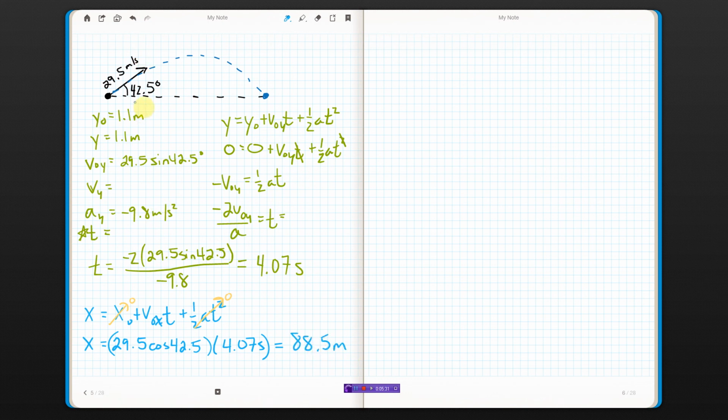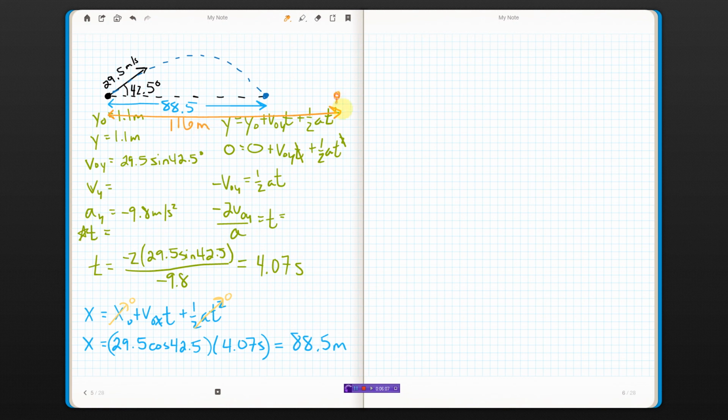So what I'm saying here is that this is 88.5 meters, but that center fielder guy was all the way over at 116 meters from the plate.